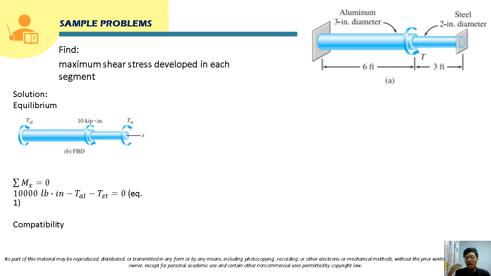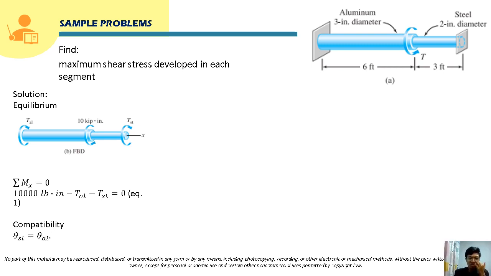Take note, class, that this shaft is fixed at both ends. So what will happen here is there will be no angle of twist at both ends, since they are both restrained. So the angle of twist in the aluminum segment should be equal to the angle of twist of the steel segment for the total angle of twist to be 0 if we sum them up.